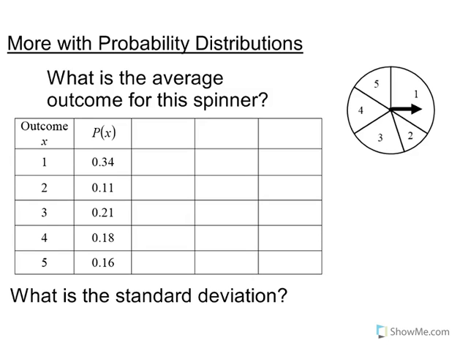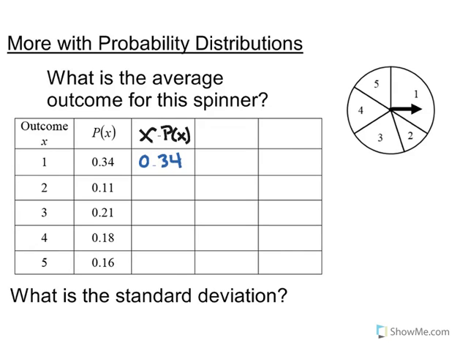Okay, so this first additional column is going to be x times p of x. All right, so we're going to go through and figure out what the x times p of x values are. So if I do 1 times 0.34, I get 0.34.